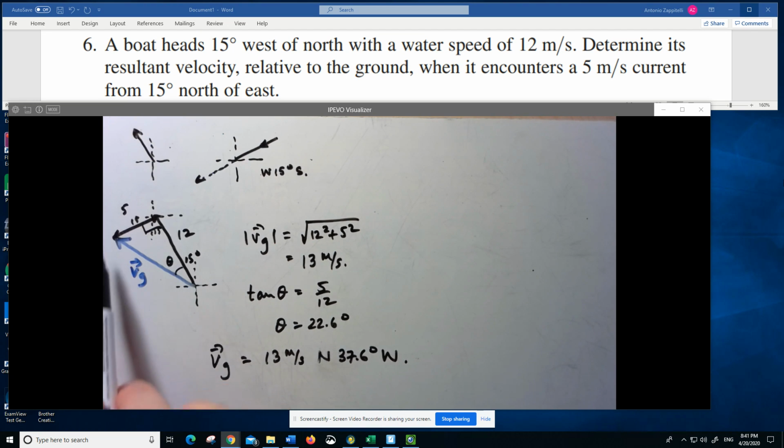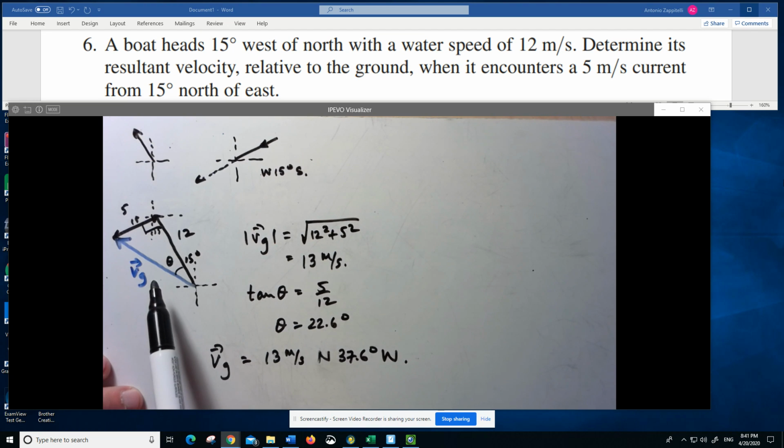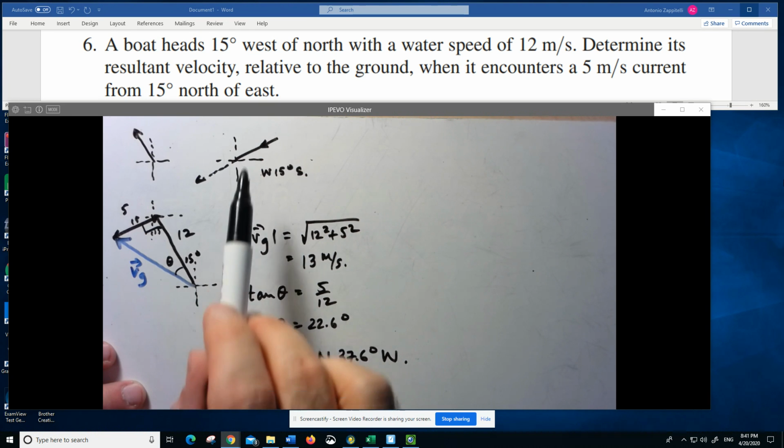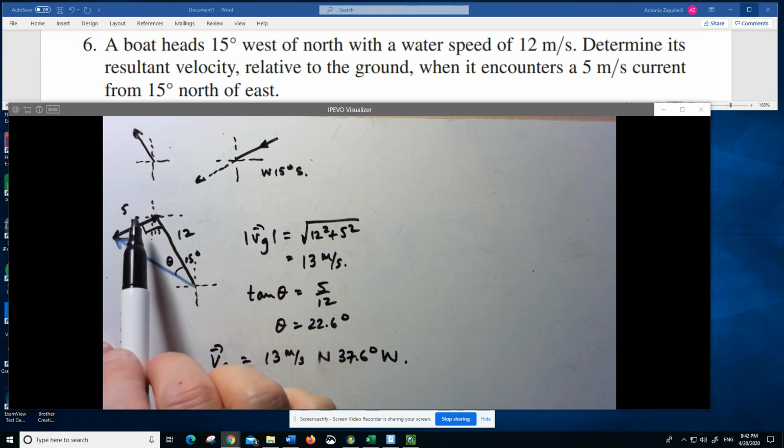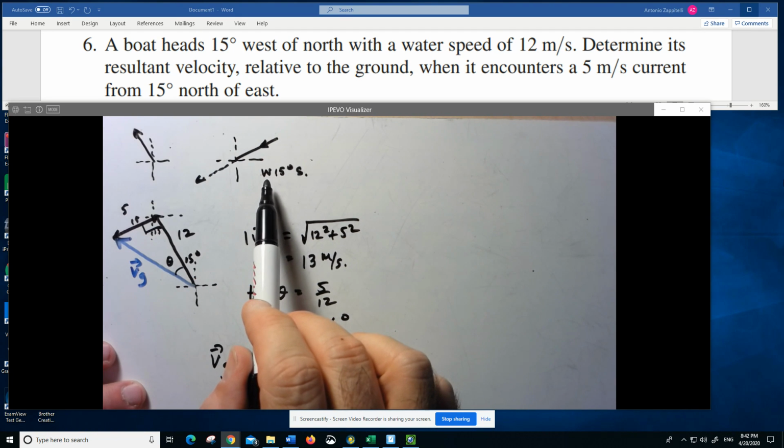Okay, so let's just recap here. In terms of the problem itself, it's pretty straightforward. Add the velocity of the boat plus the velocity of the current to get the ground velocity. It turned out here that it was a right angle triangle, which made our lives a little easier. But the little hitch in this question was the way they gave us the angles, a little different from what we're used to, in particular the way they gave us the direction of the current.